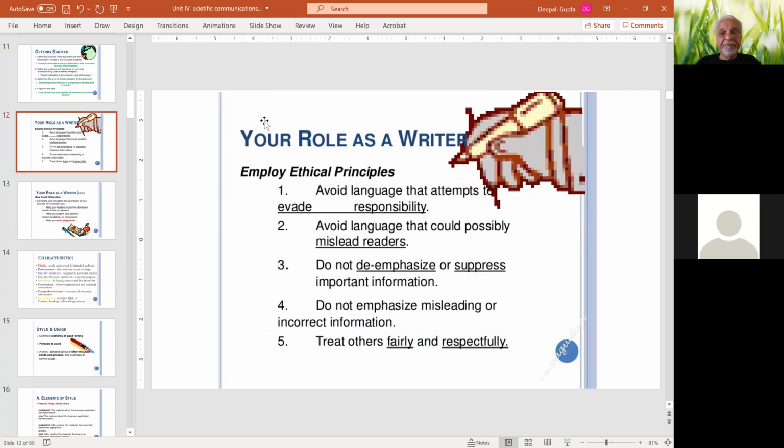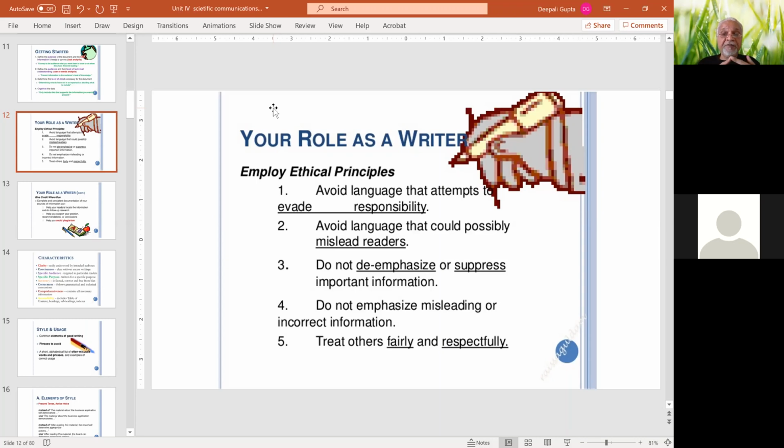And then as a writer, what is your role while preparing the document? First, as a document writer, you have to employ these ethical principles, the 4 or 5 principles which I'm going to discuss. They are the ethical points you have to keep in mind as a document writer.